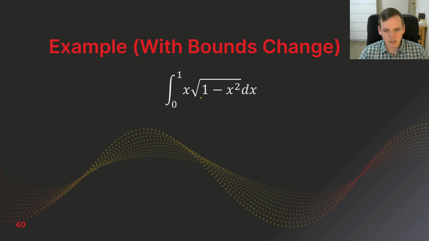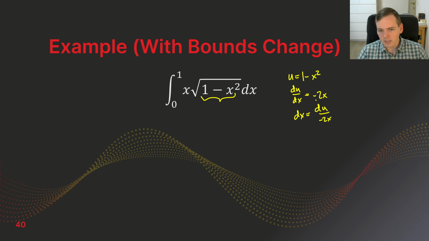So in this case, I see my inner function is this 1 minus x squared. So u equals 1 minus x squared. du by dx is equal to negative 2x. So that means dx is equal to du divided by negative 2x.